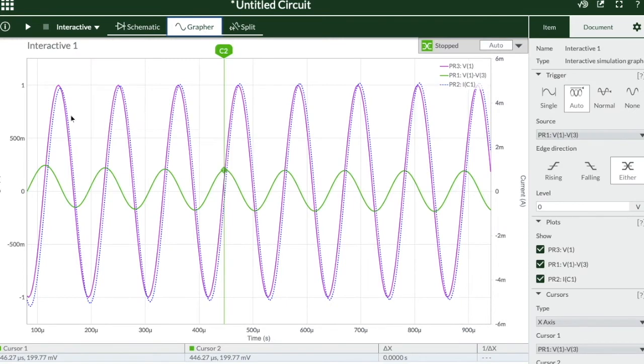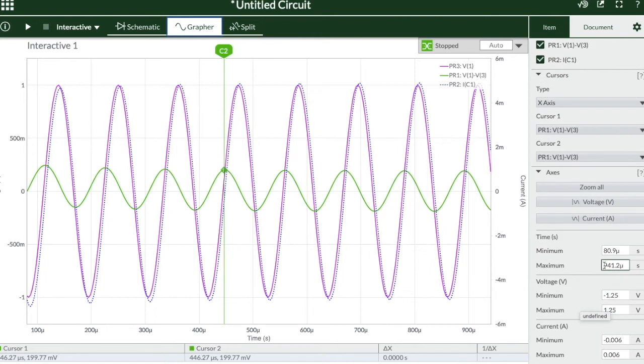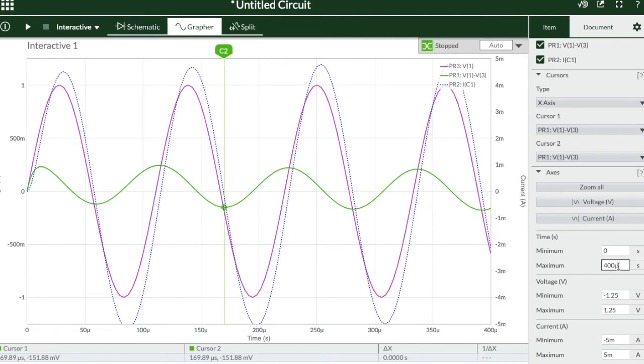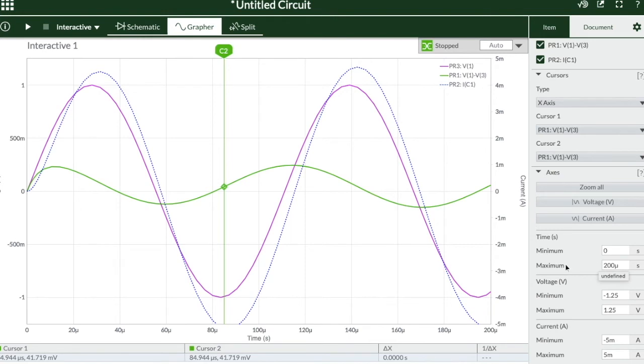To observe these waveforms separately, let us adjust the current with minimum value as minus 5 milliampere and maximum value as plus 5 milliampere. Also observe only 2 cycles, and so we are keeping maximum time as 200 microseconds.